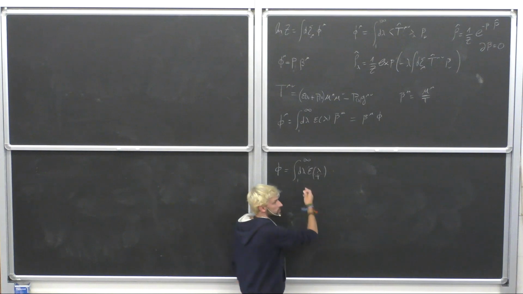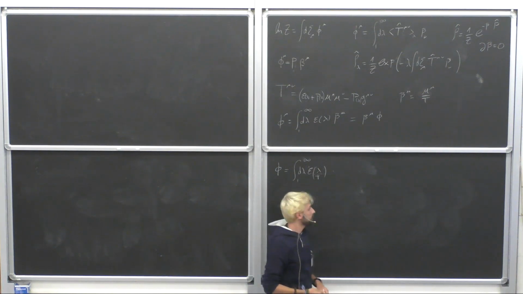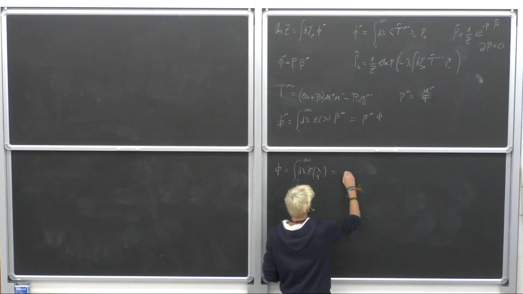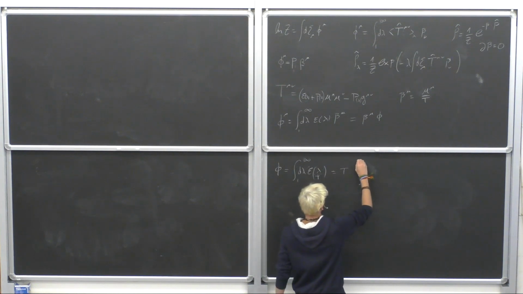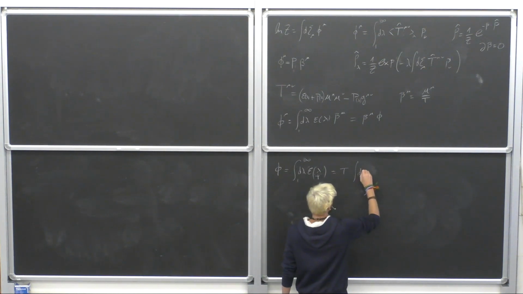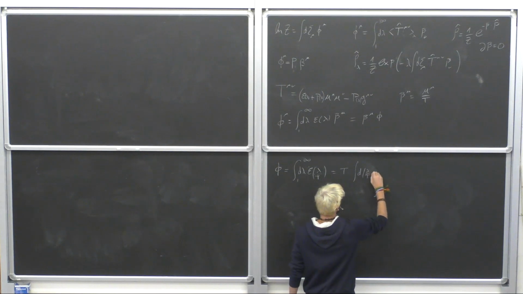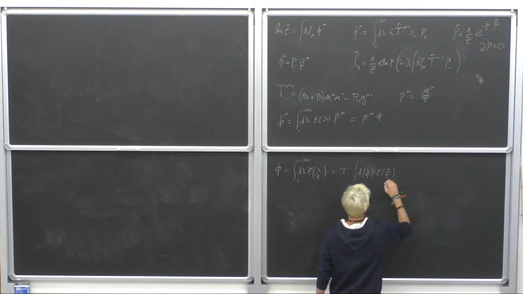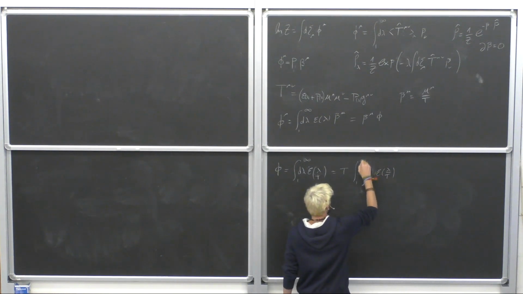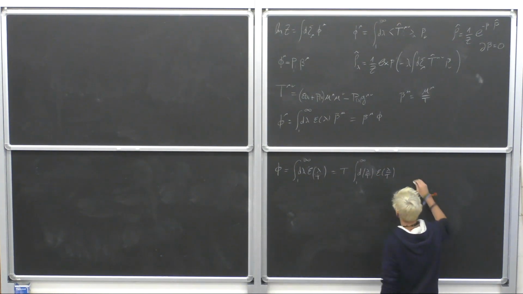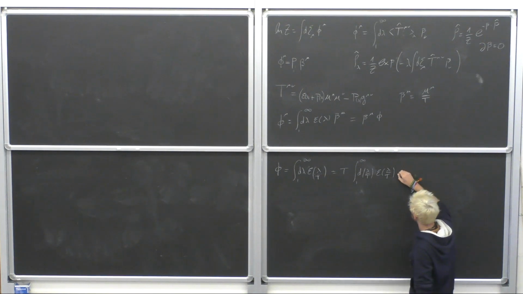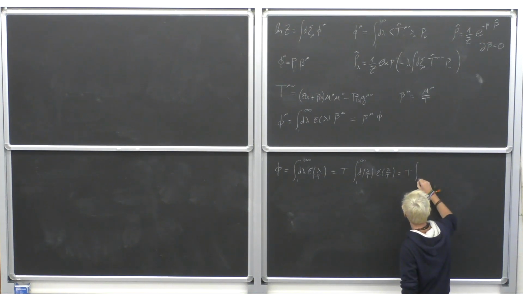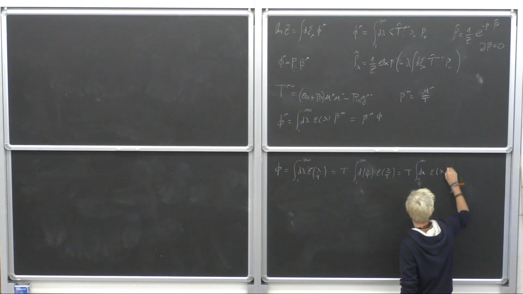Therefore, we can change the name of the variable inside the integral, and we can write this as T times the integral from 1 over T to infinity of dx epsilon of x.